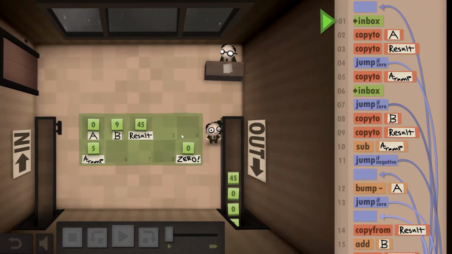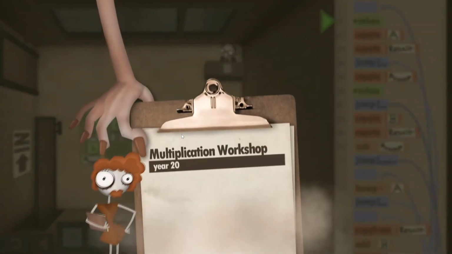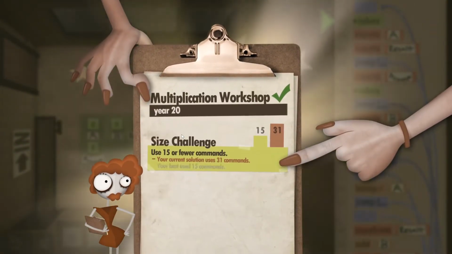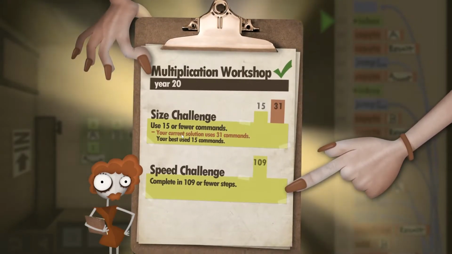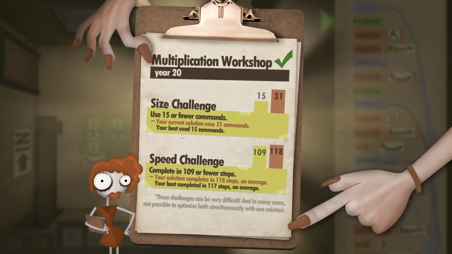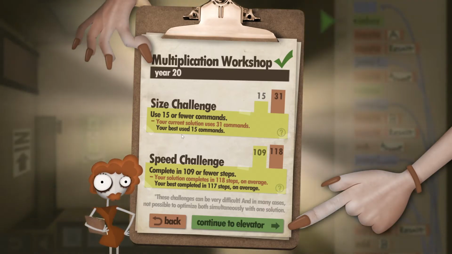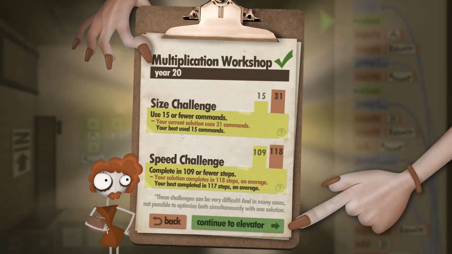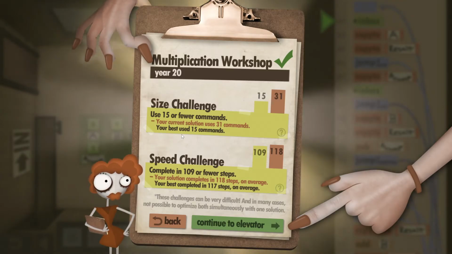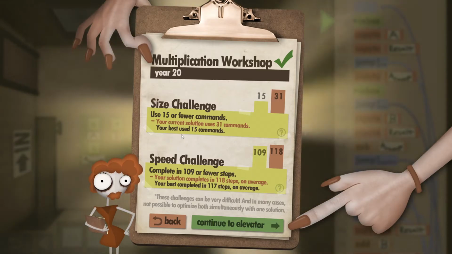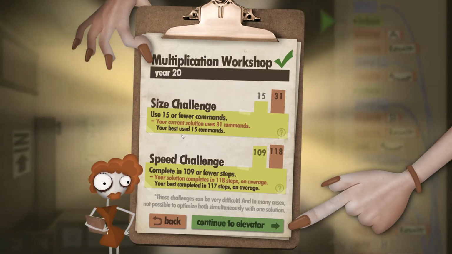Okay. Alright, how did we do? I don't have high hopes. 31 blocks, that's a lot. Oh, we're so close. 118. Oh boy, okay. What can we do?